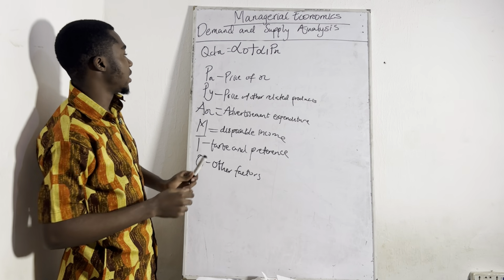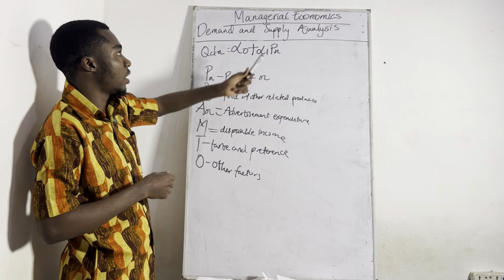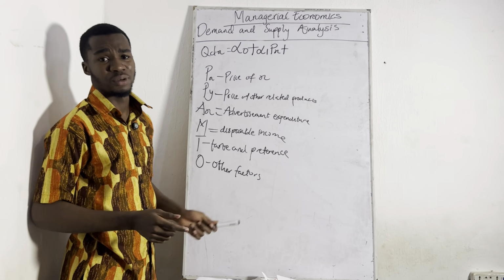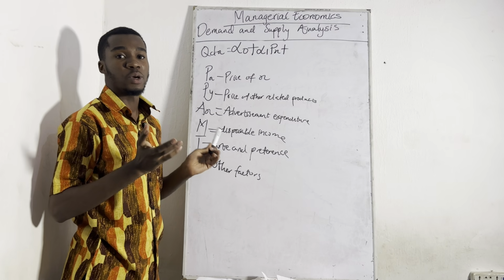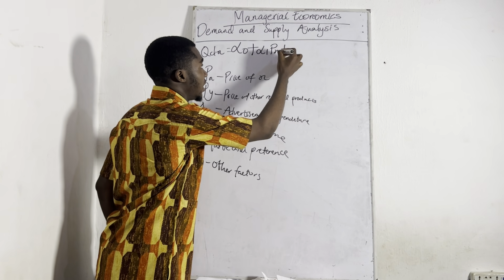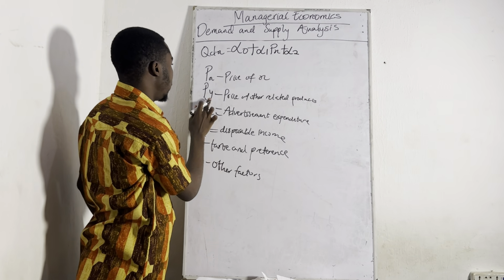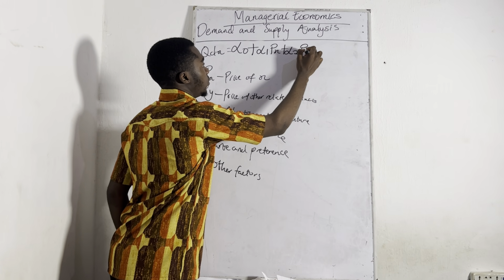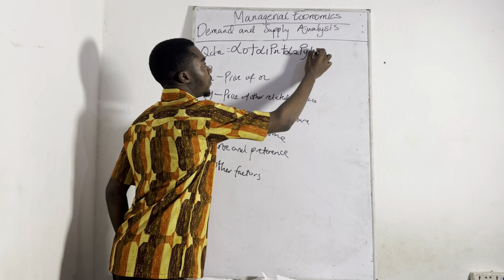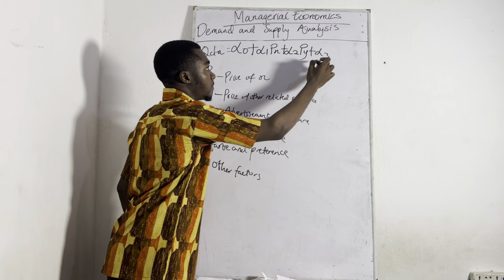So now we know that other factors affect demand. We also know that the price of X, the price of that same commodity, also affects demand. Then another thing that affects demand is the price of related products, which is when we spoke about the substitute and the complement. So we bring our plus, then alpha 2, then PY. Then we add alpha 3, and the next one, AX, which is the advertisement expenditure.